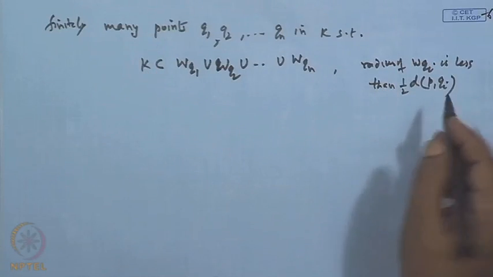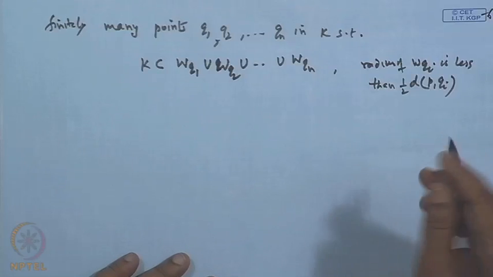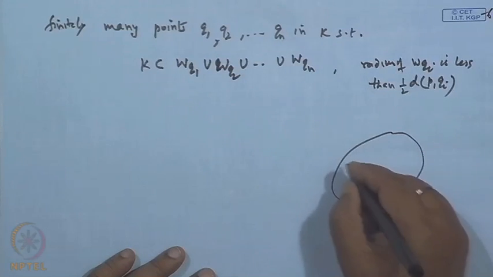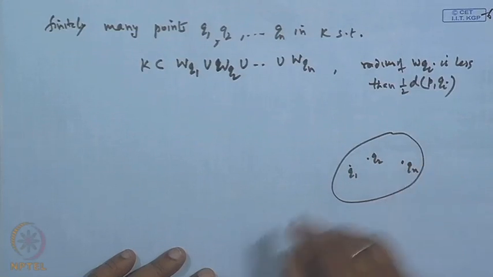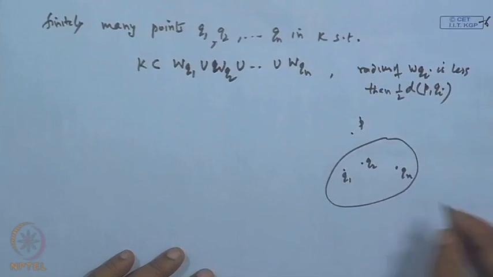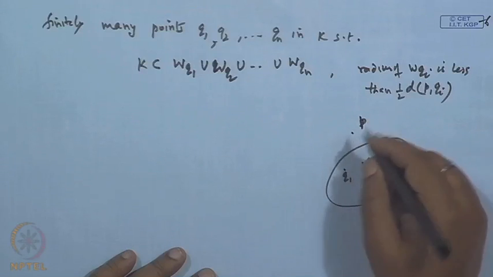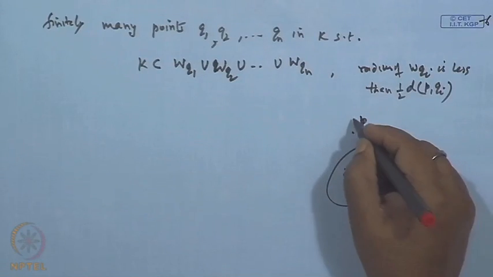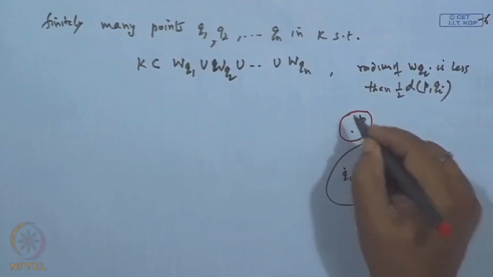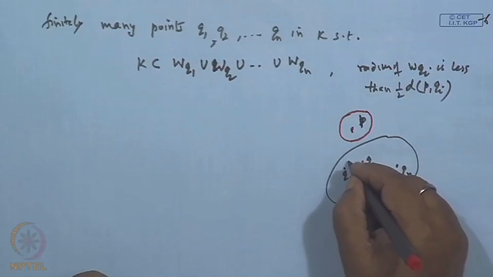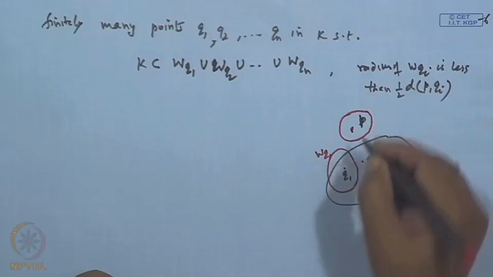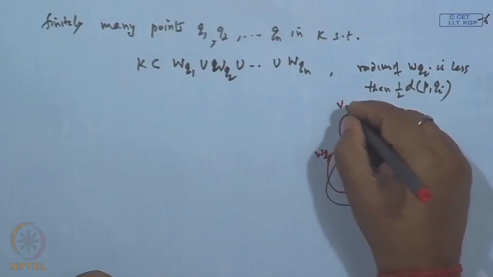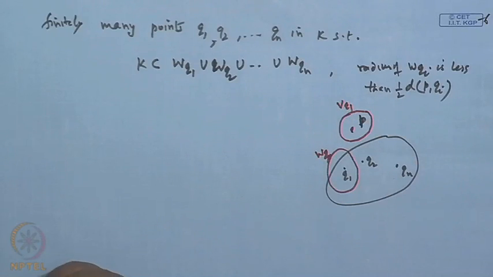Now, this is our K, here are q 1, q 2, say q n, and here is P. What we are doing is drawing a ball, say this ball, and here this ball. Here it is W q 1, this is V q 1, which are disjoint. Then we are taking q 2.